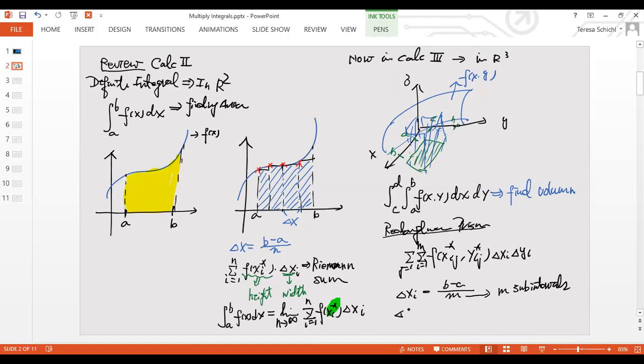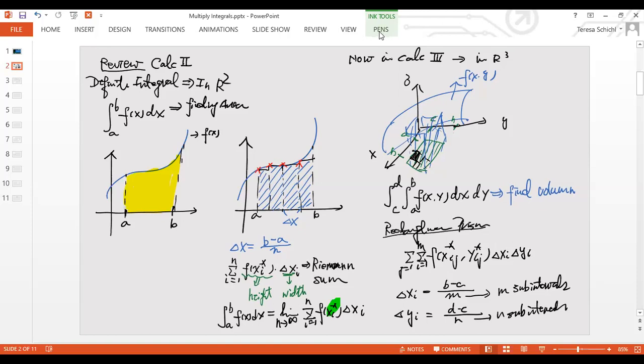And for y, from c to d, I'm going to have n subintervals. So the whole region will have m times n little rectangles, not necessarily squares, each a small rectangular region.